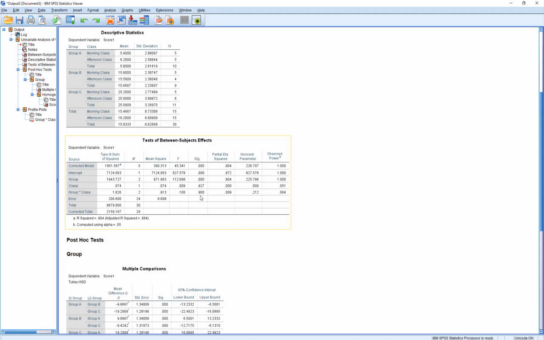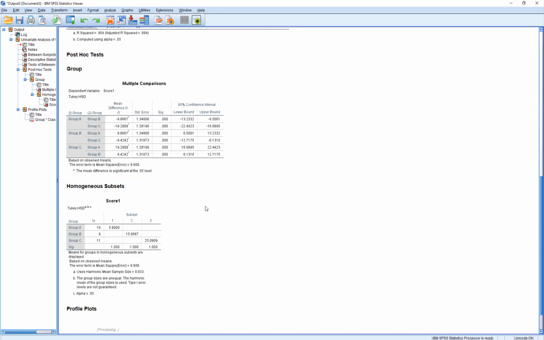The answer is no. We don't see a significant difference here. So this means there was a significant difference from group, which we would call a main effect in a two-factor ANOVA. There was no main effect of class, and there was no significant interaction between the two independent variables.